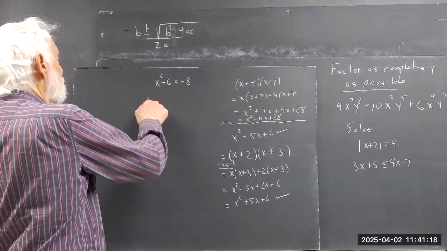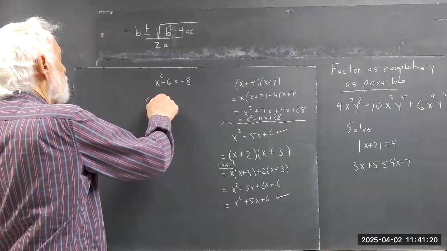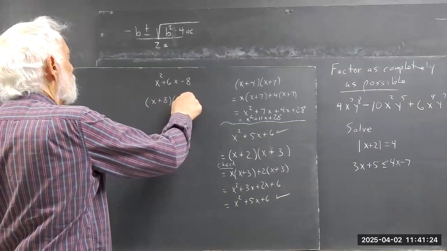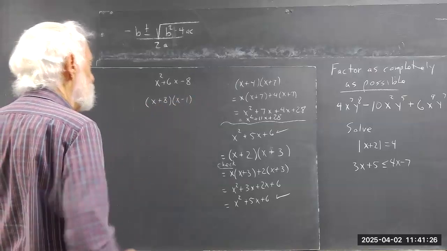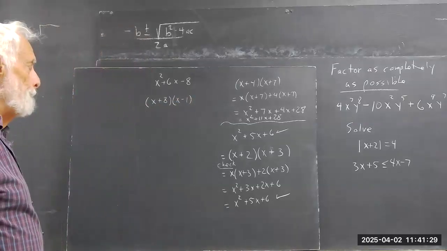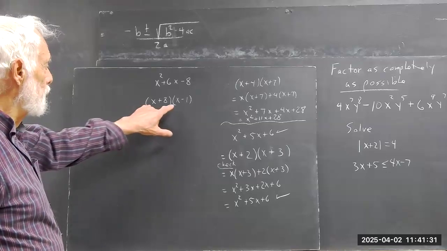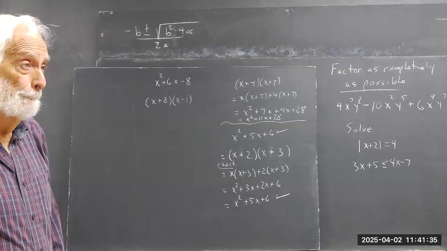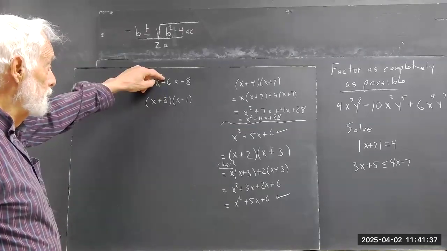This could be plus 8 times x minus 1 is a possibility because that's going to give us x squared. It's going to give us negative 8, right? This gives us a plus 6x.